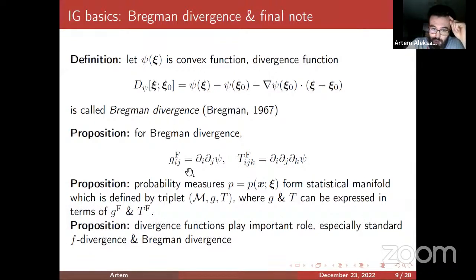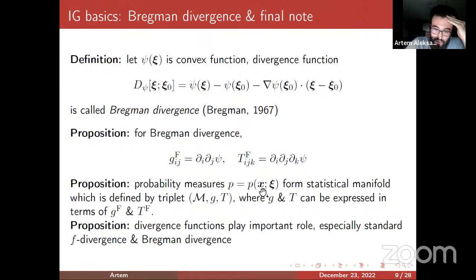For Bregman divergence, the Fisher metric is simply given by derivatives of the psi function, and the three-index tensor T is also given by simple differentiation of the convex function psi.